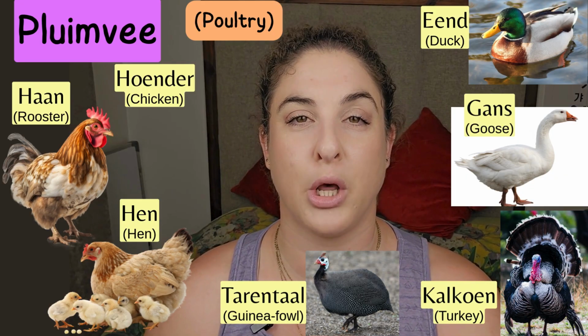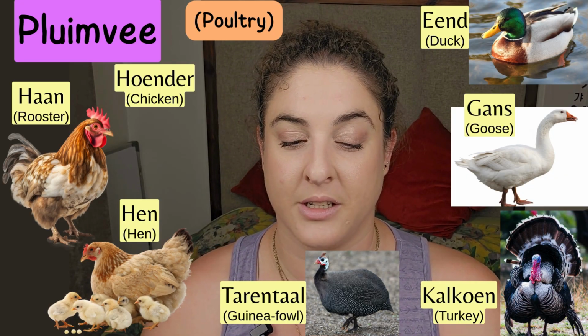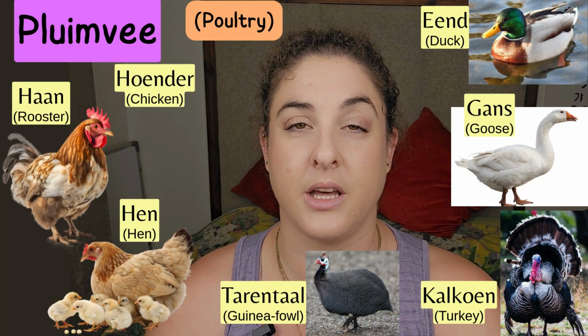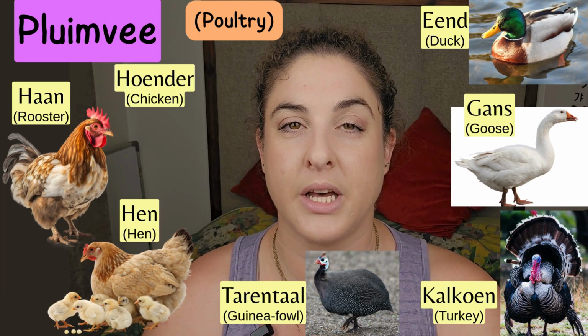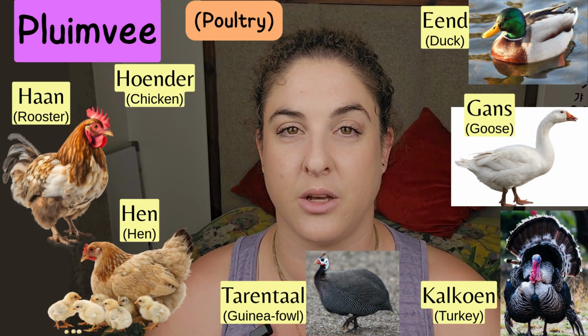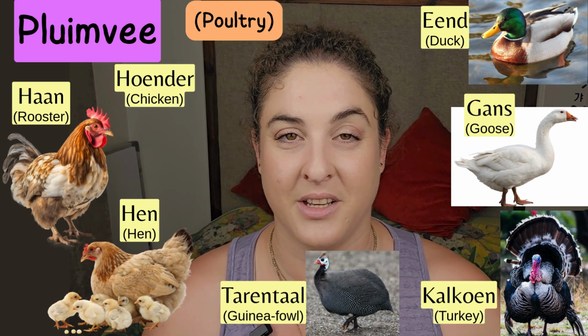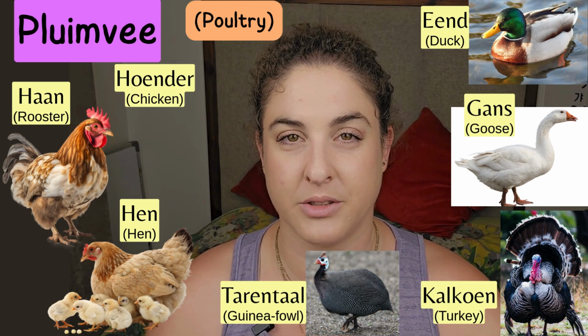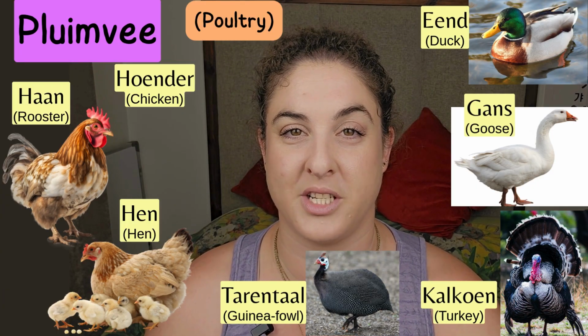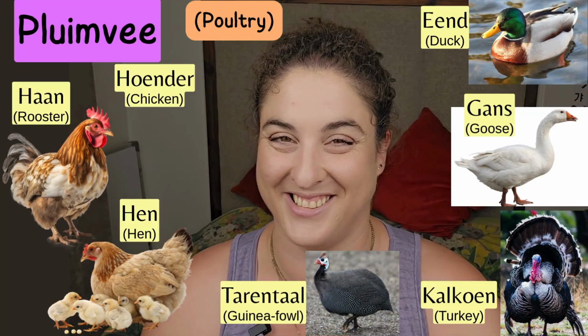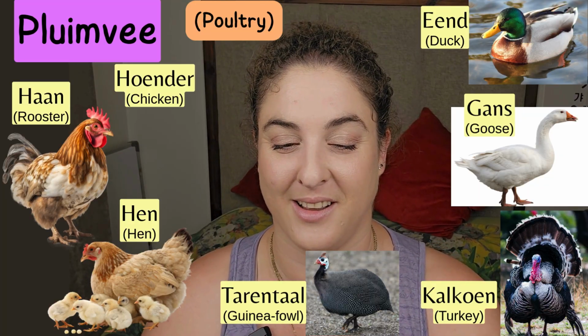Here we get to pluimvee, which is poultry. We have the general chicken, which is a hoender. When we speak, we usually say hoender and we leave out the D. So if you hear it and you're wondering, that is hoender, but we leave out the D for the sake of comfort and speed. So it's fine either way.